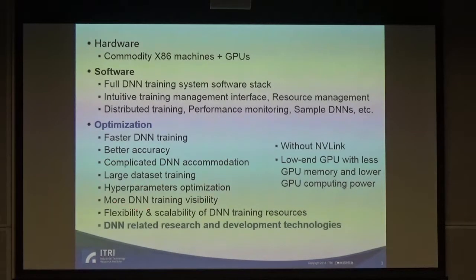We also provide DNN training visibility, so the developer can know the bottleneck during training, and flexibility of the DNN resource policy. Later we will show that we target GPU servers without NVIDIA's high-end hardware, using low-end GPU cards with less GPU memory and lower computing power, yet we can enhance training performance.